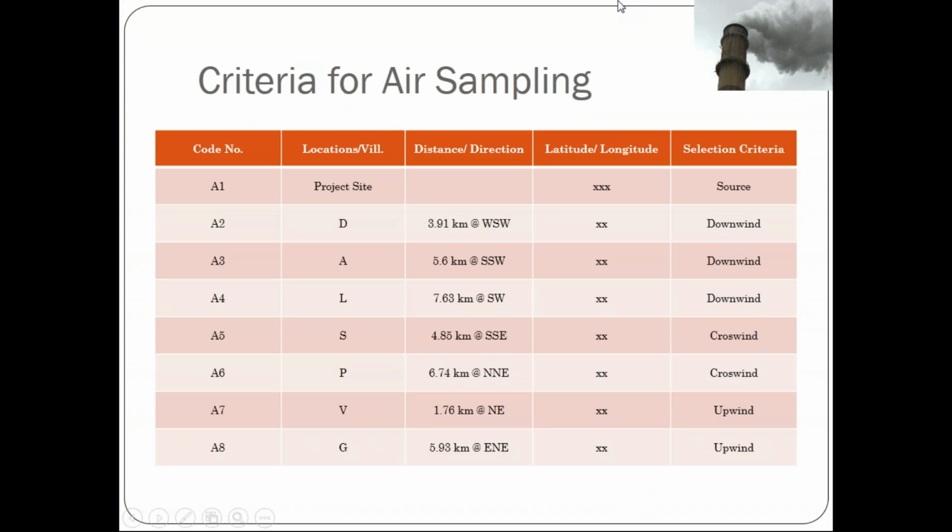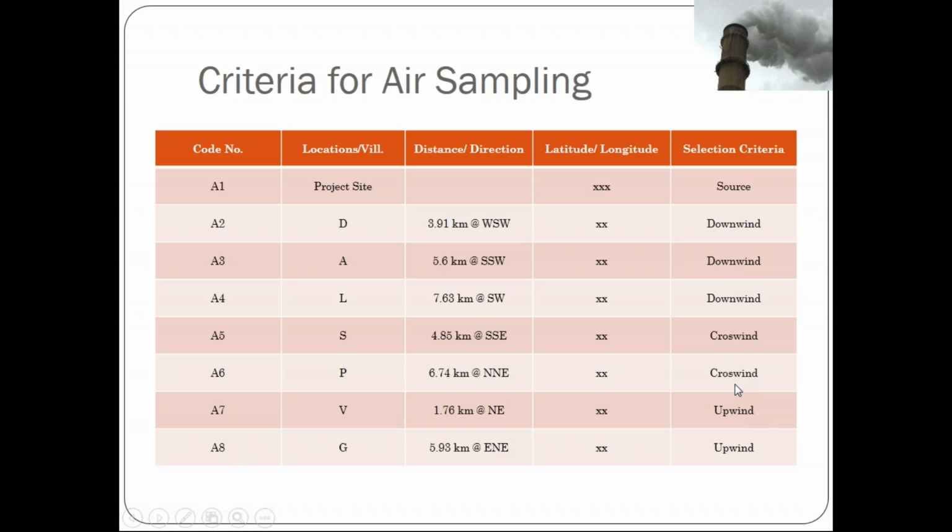Here you can see one example. Your project site, the source, and then you have to go for the downwind direction. You can see here 3 samples have been collected from downwind, and out of which 2 are from the downwind direction, and crosswind direction, upwind direction.